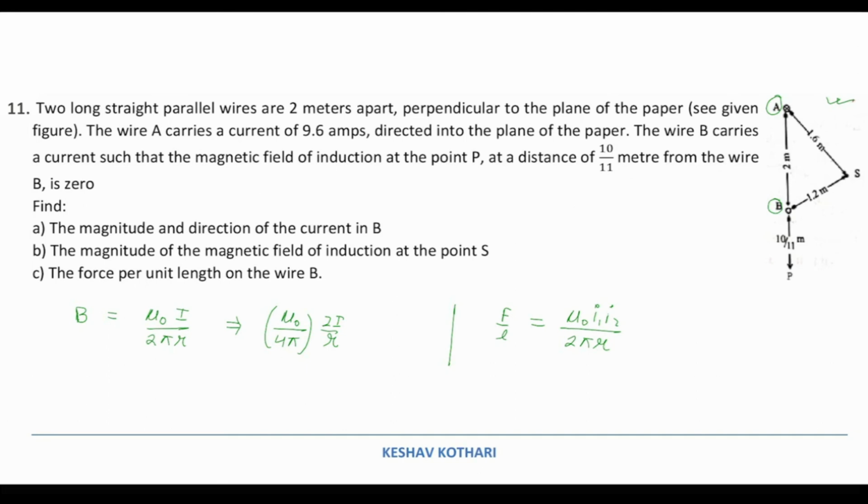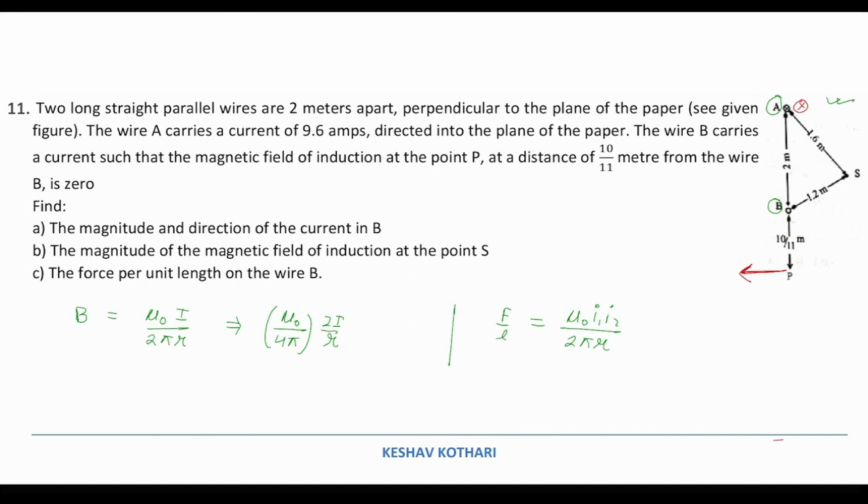Let us begin by first finding the direction of the magnetic field due to the current carrying wire A. Since the current is in the inward direction, designated by a cross here, if we place our right hand thumb into the screen at point A, then the palm will be directing us in this direction.